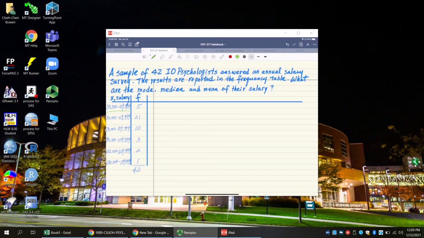you can see it stopped at $49,999, and the next category starts at $50,000 to $69,999. Okay, so each interval covers just about $20,000. That's the range. Okay.